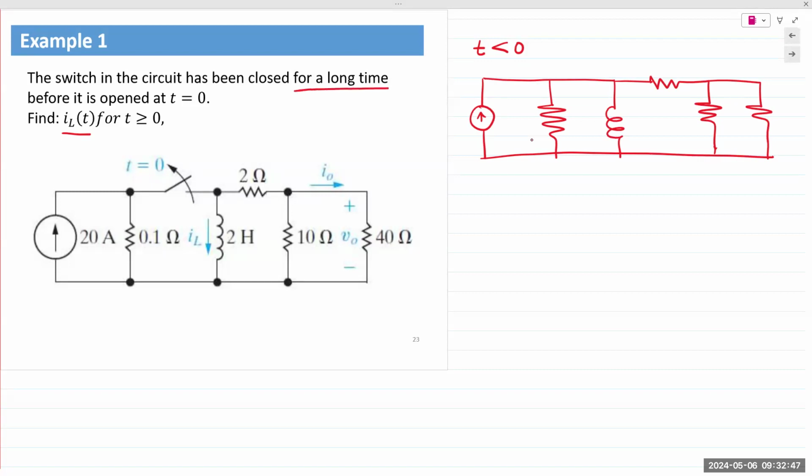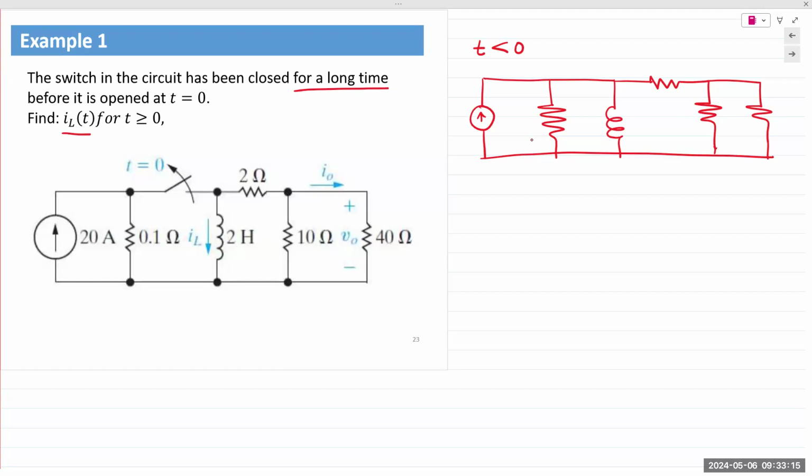For a long time. What does long time indicate? Yes. Long time indicates that the system has been at steady state, or sufficient time has elapsed in the past so that the inductor has reached full charge. When the inductor has reached full charge, it behaves like a short circuit.